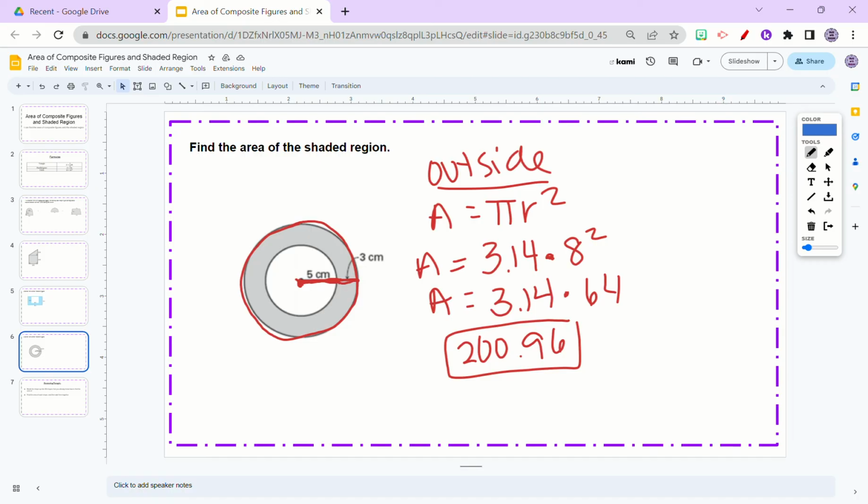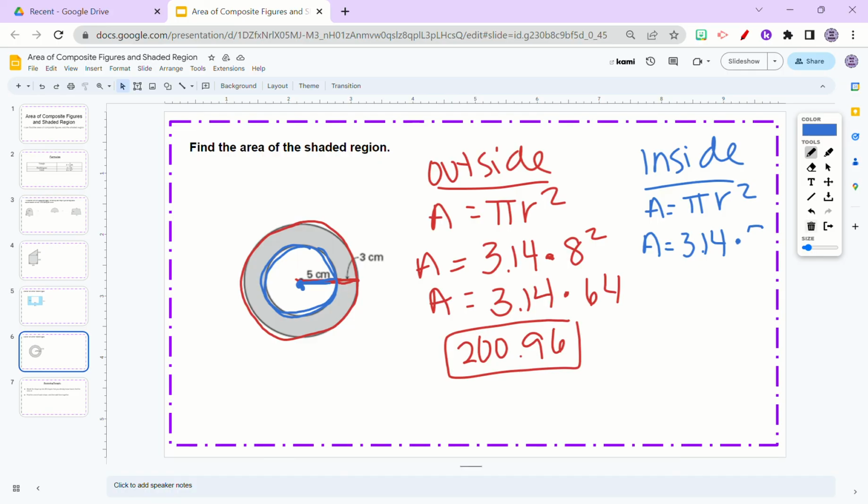And then, now we're going to worry about the inside circle. Okay, so that's over here. This is the inside circle. So again, we're going to do pi r squared. We have area is equal to 3.14 times the radius, which is 5, squared.